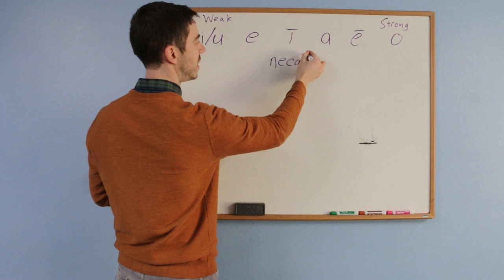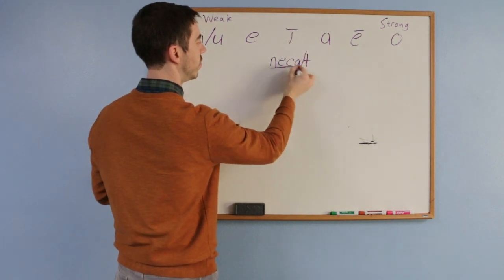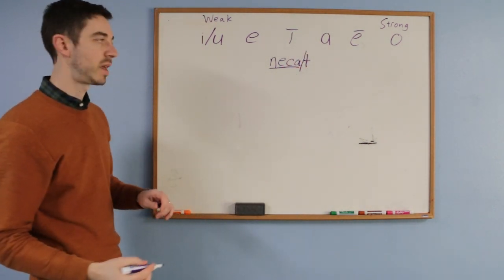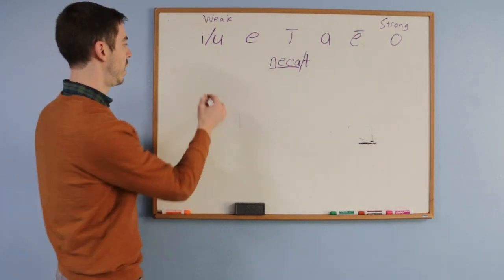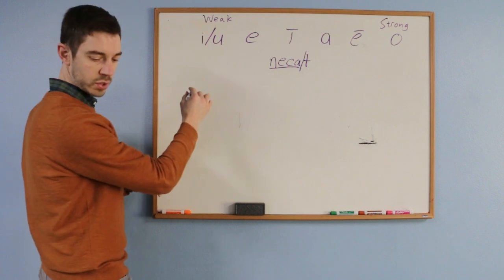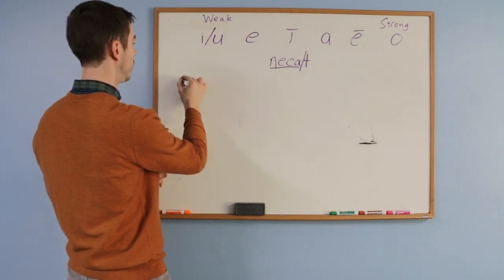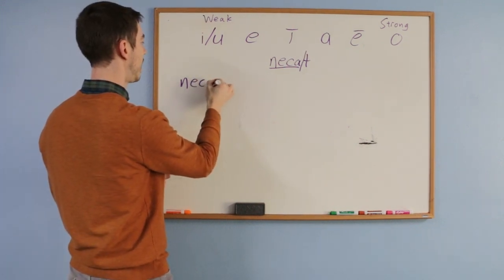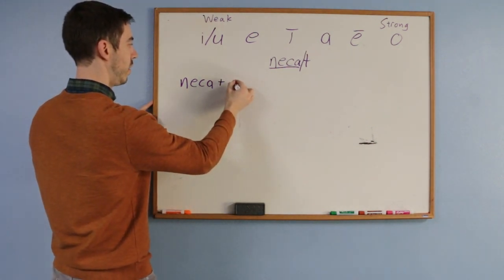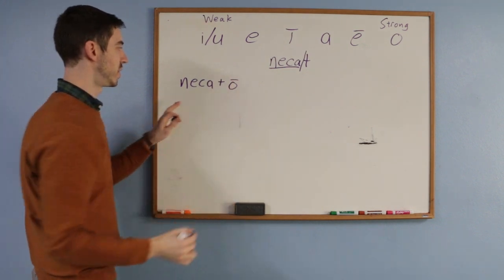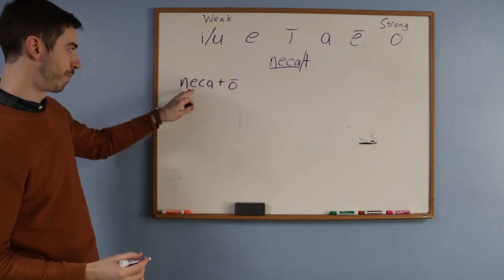Well, we'll cut the t off, and so neca is the stem. All right, so now in the first person singular, we have the stem neca, and we're going to add the first person singular ending, o.